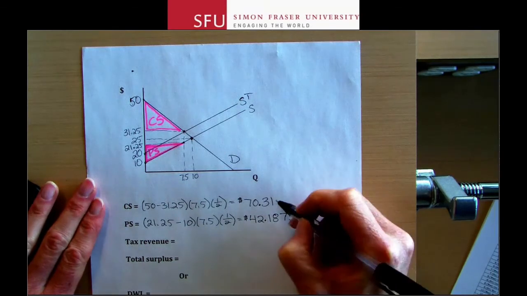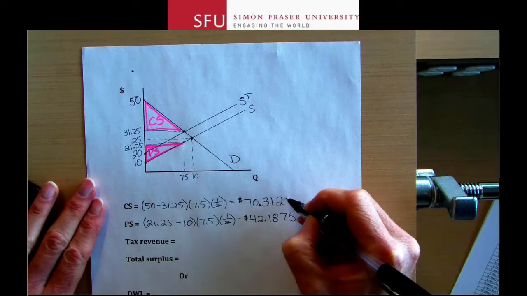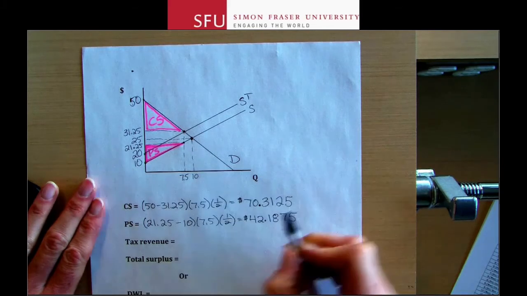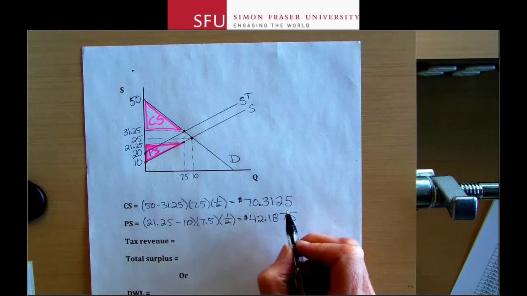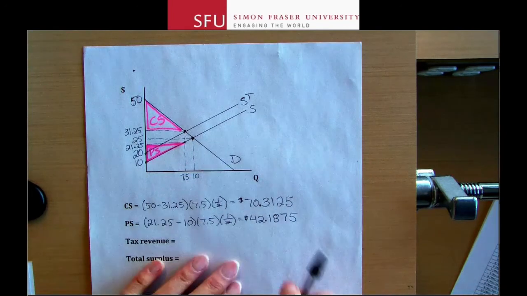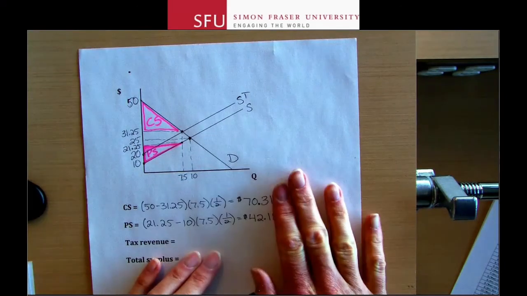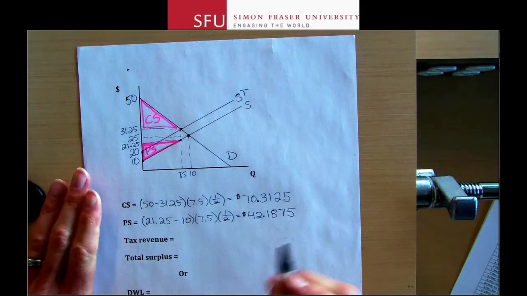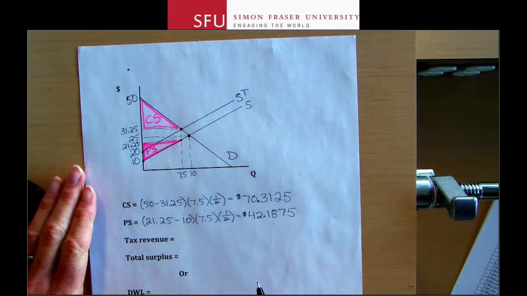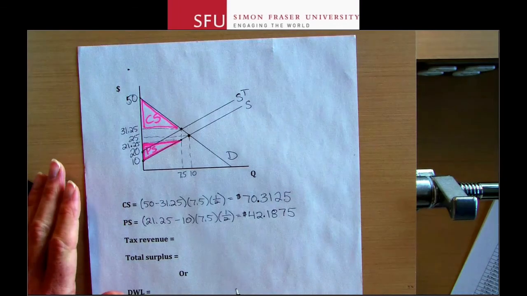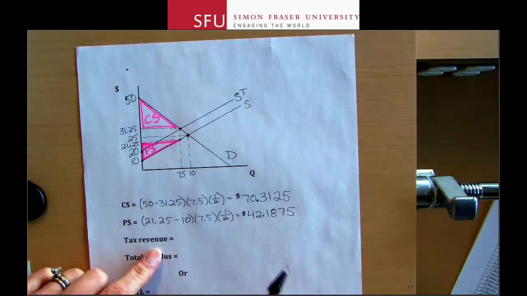Now I'm going to add the other numbers here. So when you're doing calculations, it's up to you how many numbers you want to keep after the decimal. Usually if you're giving a final answer, you can just round and leave 2 numbers after the decimal. That's fine. Okay, tax revenue.